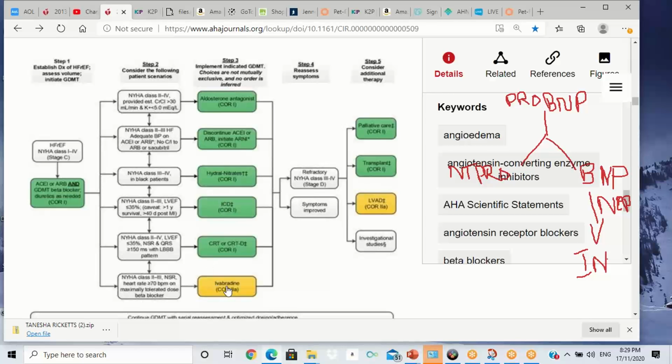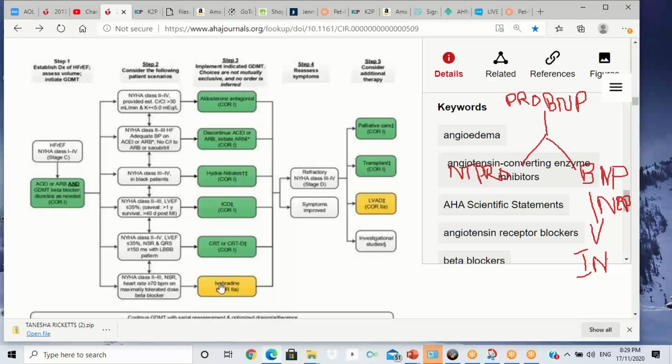What about ivabradine? I've never used this medicine, okay? This medicine has a class 2 indication, and I really don't think it has any place in heart failure treatment. All right, so you're going to give it, the patient has to have heart failure with reduced ejection fraction, class 2 to 3. The patient has to be in sinus rhythm.